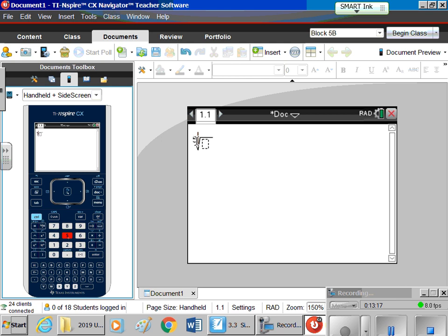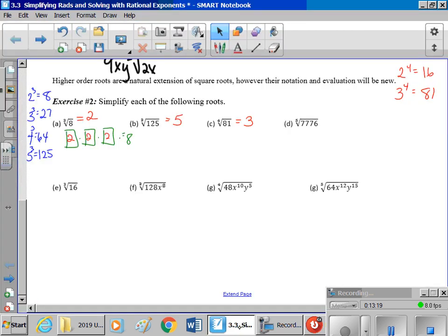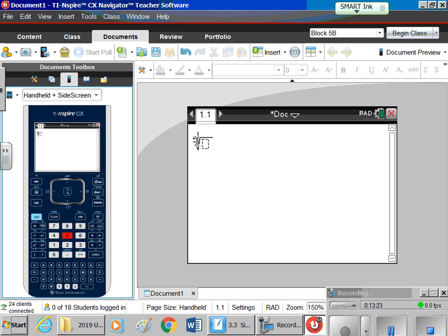Was it the fifth root? It was the fifth root. That's right. So the fifth root of 7776. If it's a perfect radical, it'll tell you that. So in this case, it's 6. So you can just put down 6. If it's not, at least it gives you an idea about what the number is.